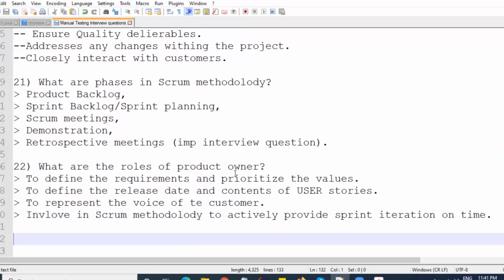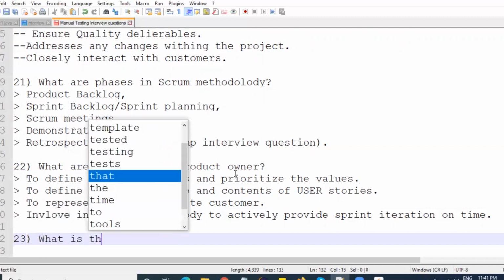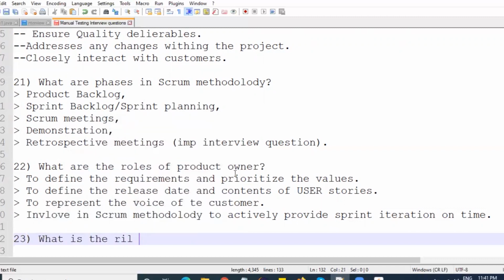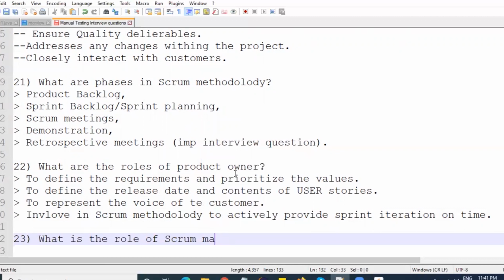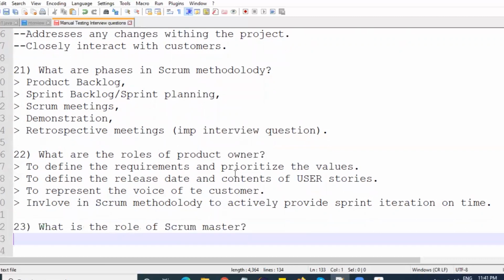Then the 23rd question will be what is the role of the Scrum Master. Sometimes you'll call it a manager in Agile, but don't call it a manager. There is a specific name, that's why you call it Scrum Master. What are the roles of Scrum Master?